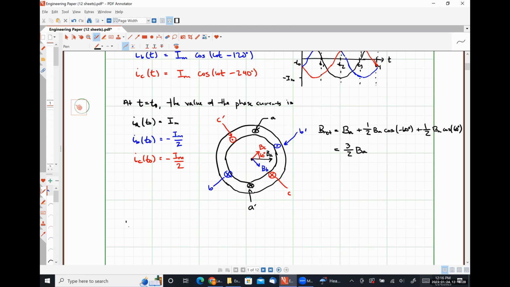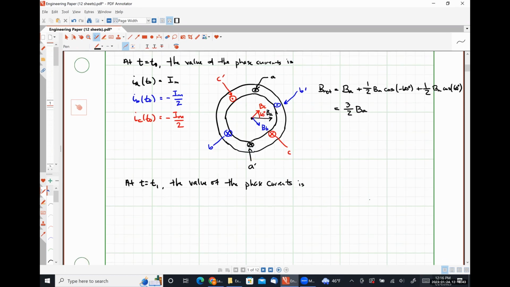So we're going to have IA of T1 is 0. IB of T1 is going to come out to be the square root of 3 over 2 times IM.